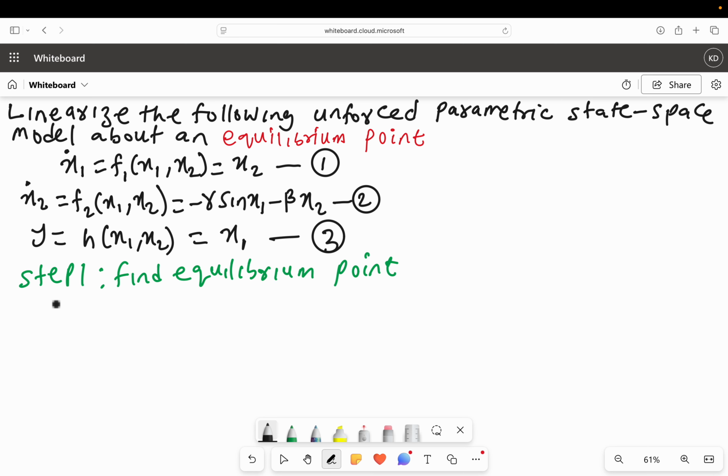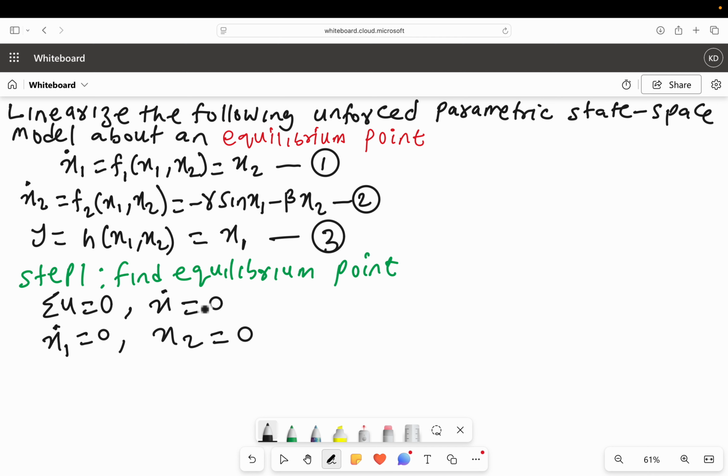A system is in equilibrium if the summation of the input acting on it is 0, and if that is the case, then the rate of change of the state is 0. Applying this to equations 1 and 2, from equation 1 we can see that if S1 dot is 0, then S2 is equal to 0.